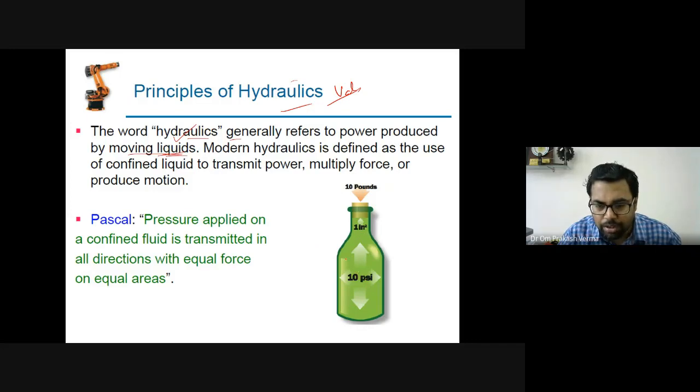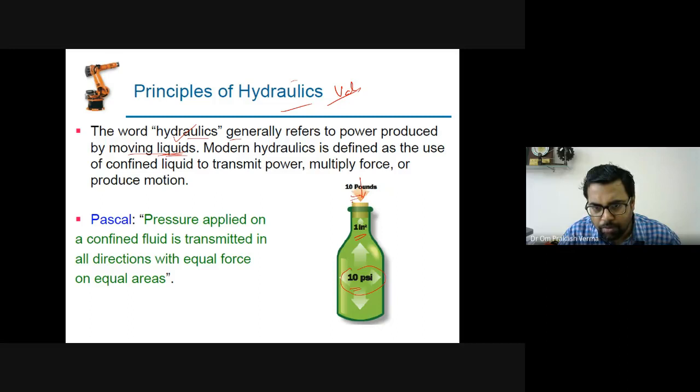The area of this bottle is, let's say, 1 square inch, and you are providing a force of 10 pounds here. Obviously the pressure generated will be 10 psi, right? Or you can say 10 psi pressure inside this.